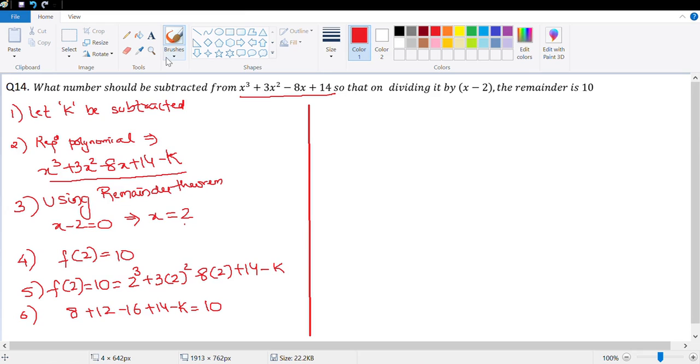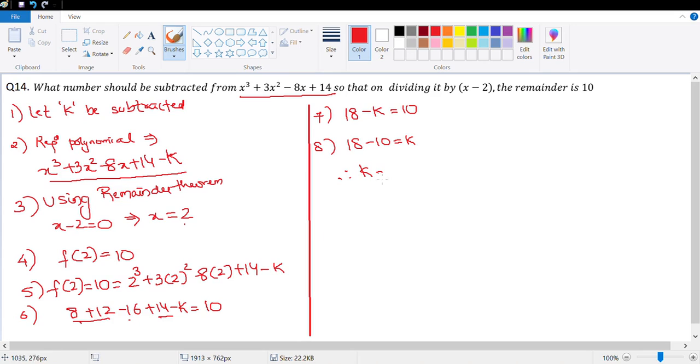Let's see what we get. What we have here is 8 plus 12, that's 20, 20 plus 14, 34, 34 minus 16, that's 18. Yes, that's 18.